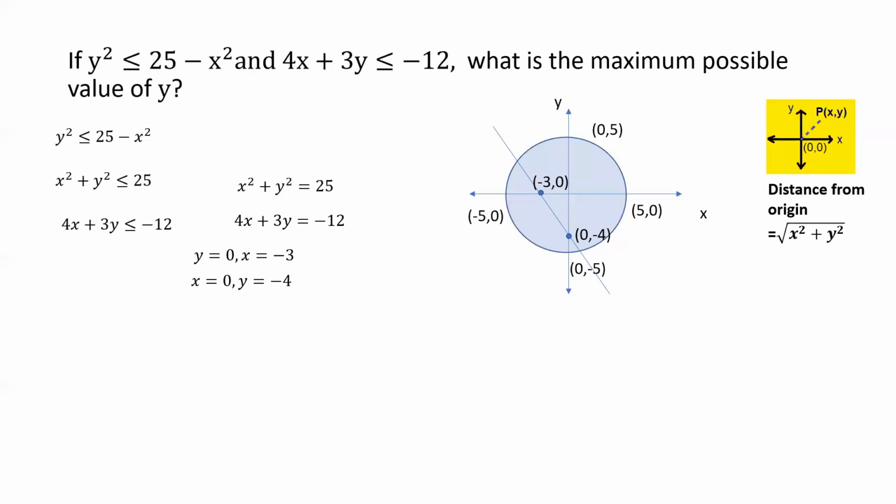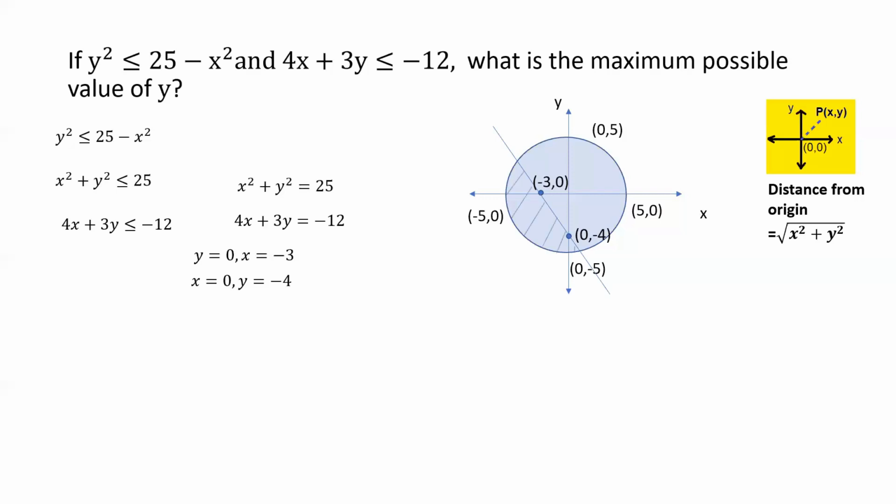So now if you think about the set of points which satisfy both the inequalities, those points will have to be lying below this line, and they would also have to lie inside the circle.